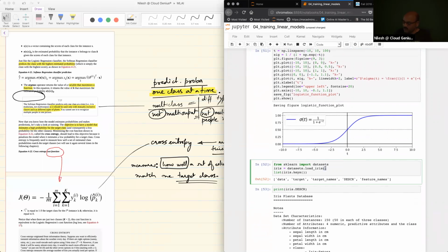So let's load that. Here I'm going to load the Iris data set quickly in this section, importing the data set Iris, and then print out its description.